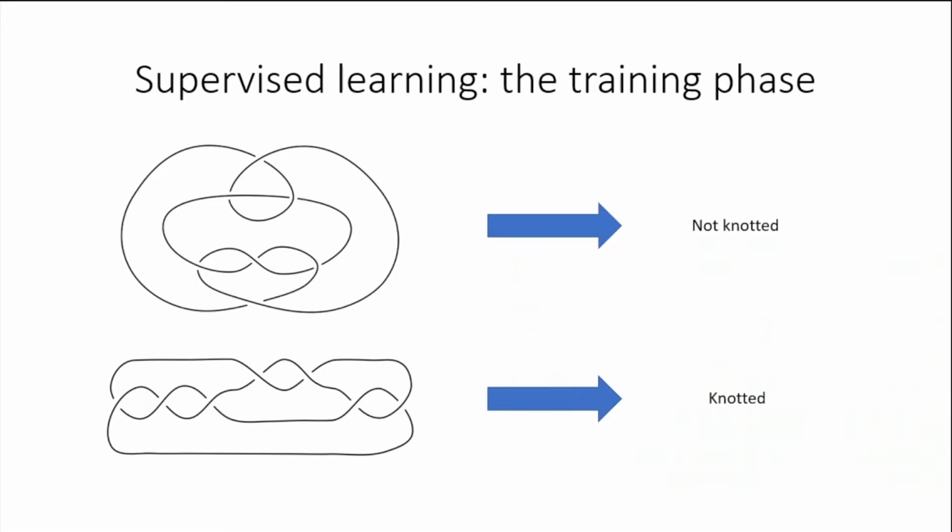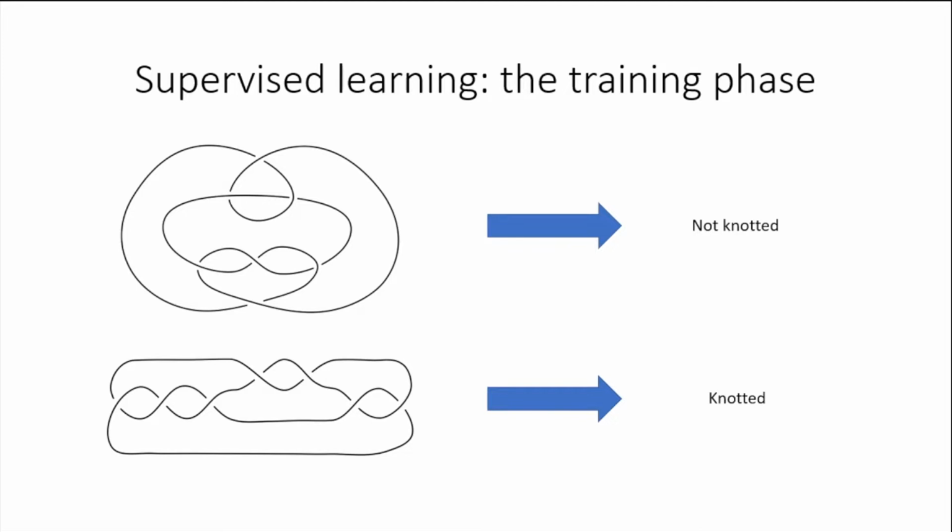So you present examples of diagrams which are not knotted or which are knotted to the computer. Obviously, you don't give the computer only 2 diagrams. Perhaps you present to the computer 1,000 examples of diagrams which are not knotted and 1,000 examples of diagrams which are knotted.